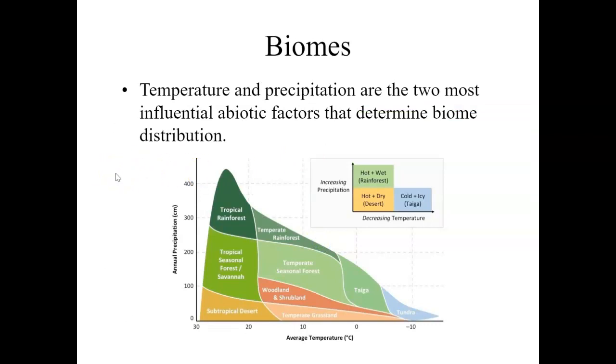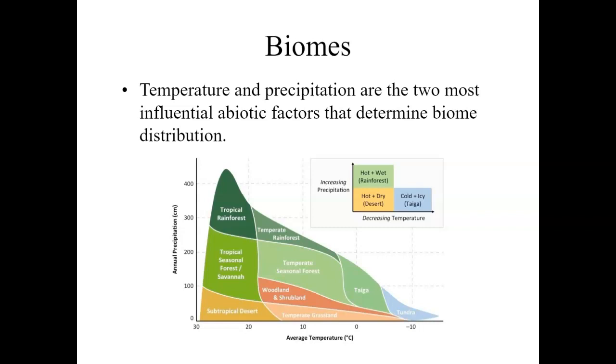The biomes are affected by abiotic factors, but there are two in particular that tend to have the greatest influence in determining how the biomes are distributed around the world. And these two abiotic factors would be temperature and precipitation. So you'll often see graphs like this that graph precipitation on one axis and temperature on the other axis.